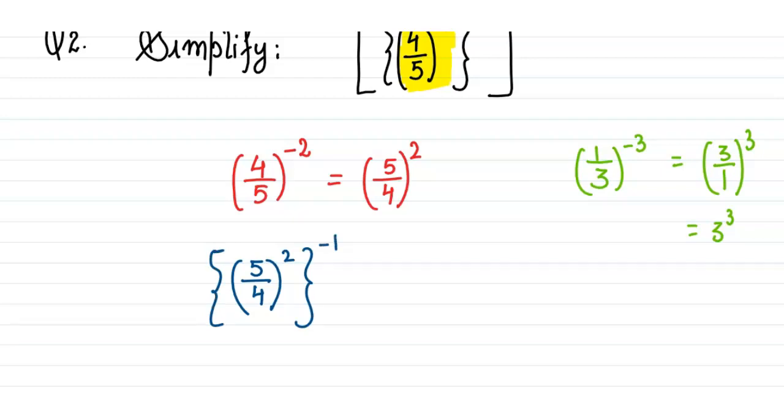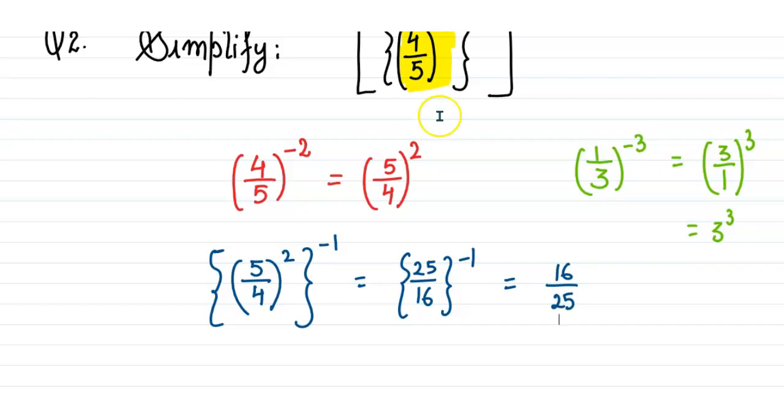We can say 25/16, and this has been raised to power -1. So we will take the reciprocal. We get 16/25. Raised to power 1, we may not write it.